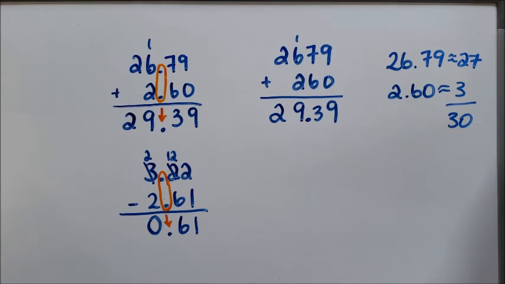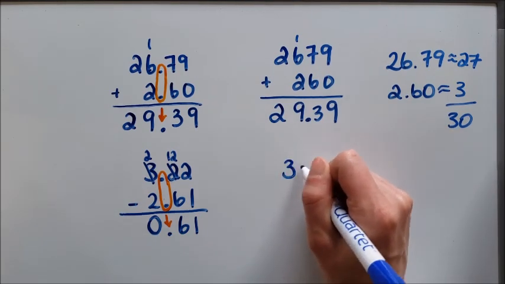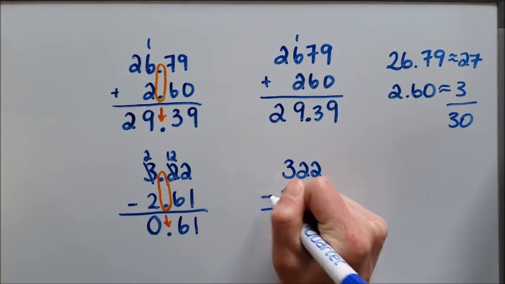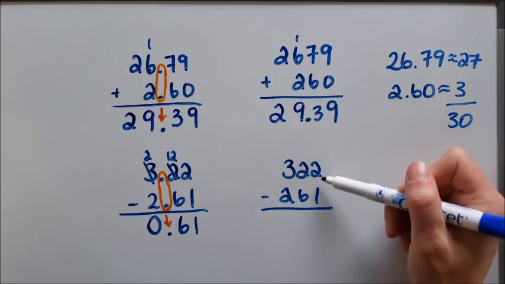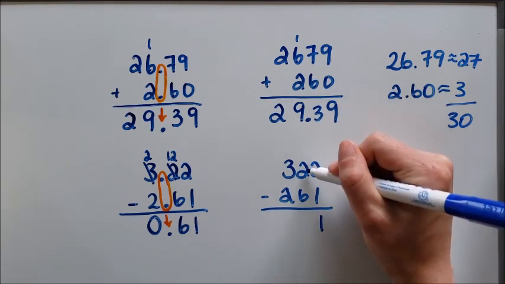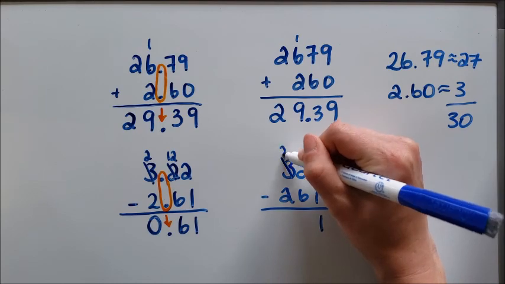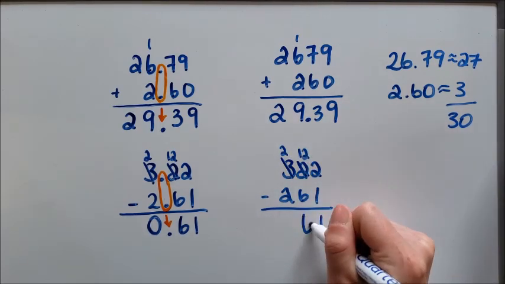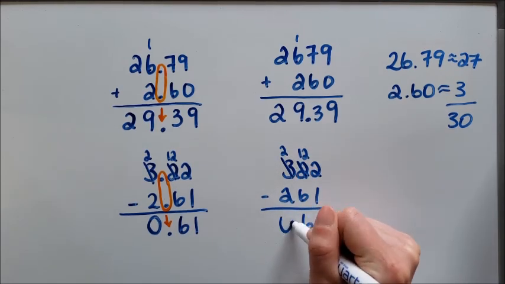We can also do this with the estimation way. So we have 322 and 261 without those decimals. We're going to do the same subtraction. So 2 minus 1 is 1. I can't subtract 6 from 2, so I'm going to have to borrow. So 12 minus 6 is 6. 2 minus 2 is 0.